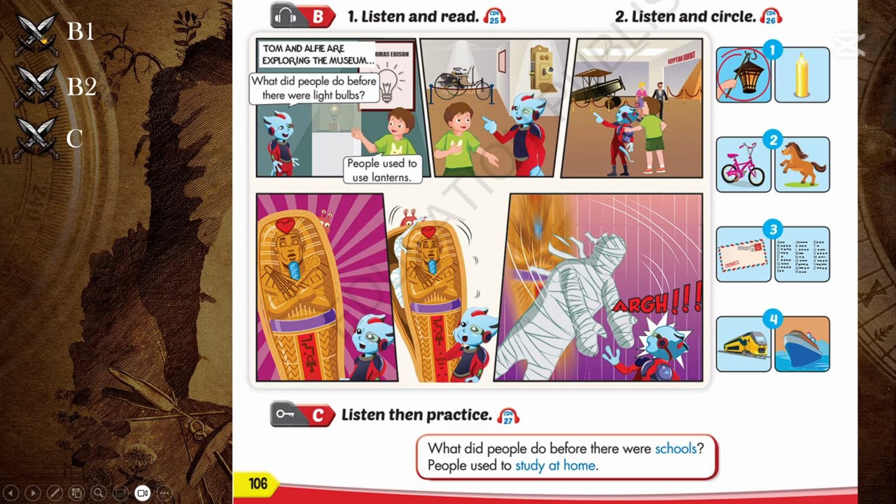B. 1. Listen and read. Tom and Alfie are exploring the museum. What did people do before there were light bulbs, Tom? At night, people used to use lanterns. Wow, what's this, Tom? It's a really old car. Cool! What did people do before there were cars? People used to ride horses. Ah, I see.